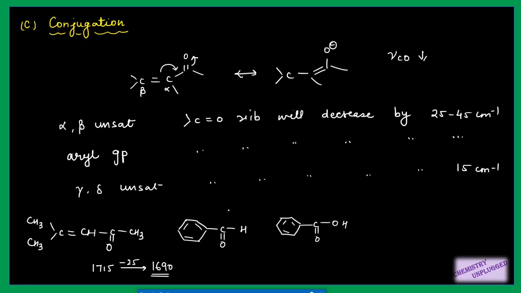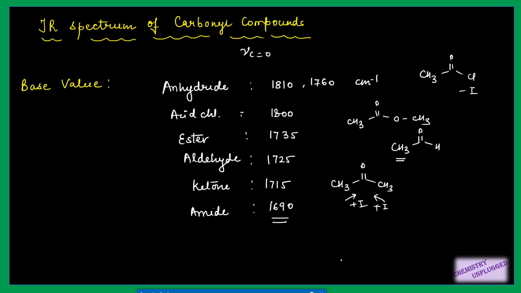For example, in this case, the base value for aldehyde is 1725. When you have this aryl group next to it, its value will decrease to 1700. The base value for carboxylic acid is nearly 1710. I have not written the base value of carboxylic acid here.